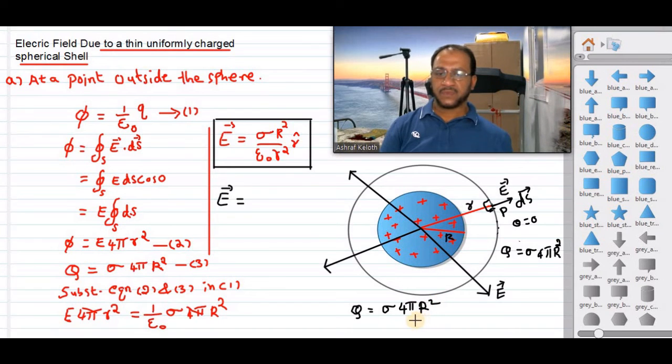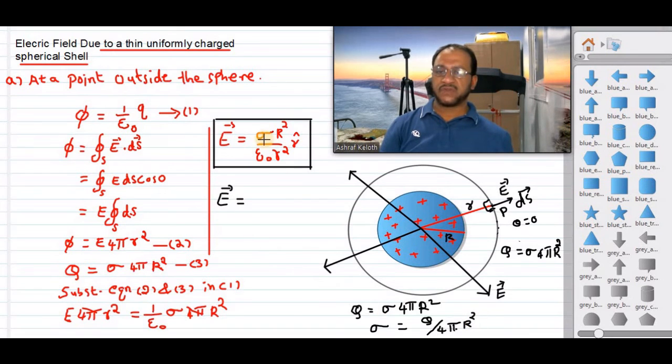So sigma equal to what? Q by 4 pi R square, total charge divided by area of the sphere. That is the meaning of charge per unit area. Total charge by total area will give charge per unit area. Capital R is the radius of the original charged spherical shell.